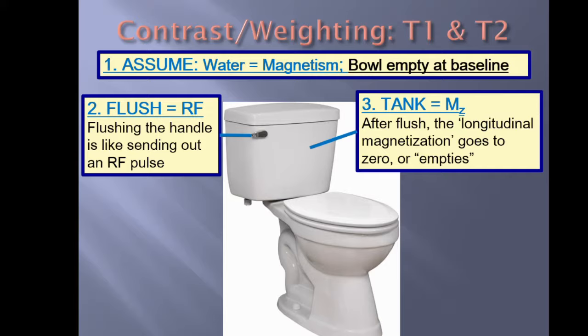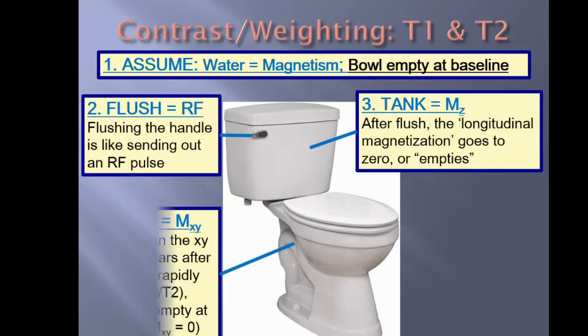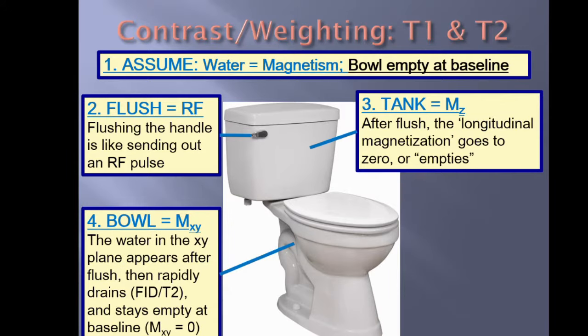The tank empties, okay? Part number two that's not quite accurate in a real-world toilet, but we're not plumbers, is that let's just say the water goes directly from the tank into the bowl. The bowl is going to represent the transverse magnetization, the MXY. Okay, so RF pulse, you hit the flusher, MZ empties, and MXY appears as magnetization.